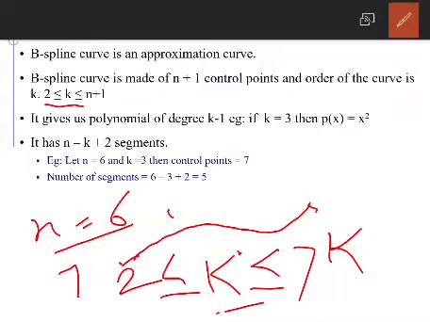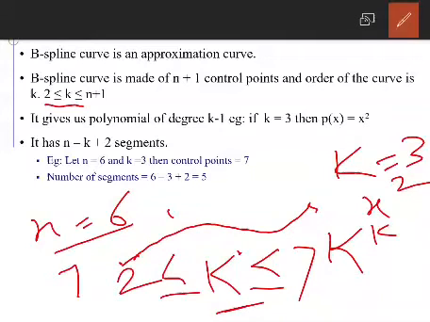This k gives us a polynomial of degree k minus 1. If k is equal to 3, then the degree is x square. If k is equal to 4, then the degree is x raised to 3. So the polynomial degree depends upon the value of k.